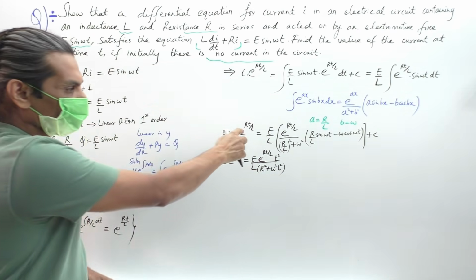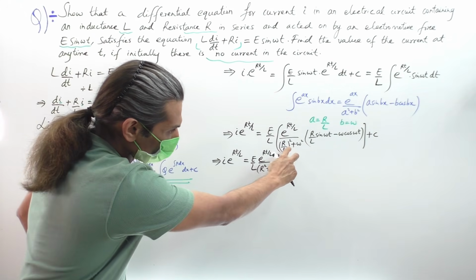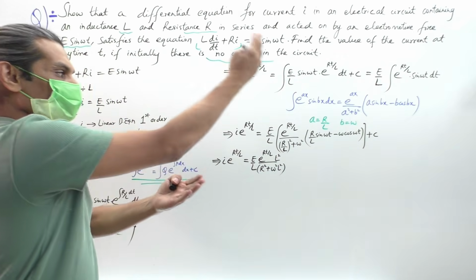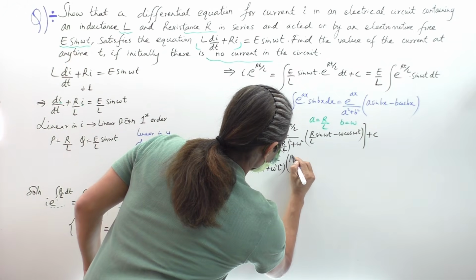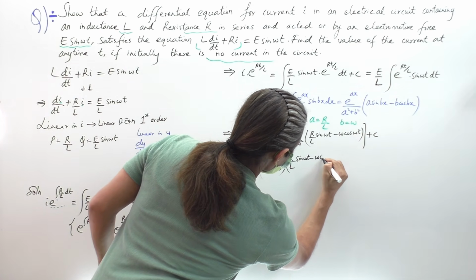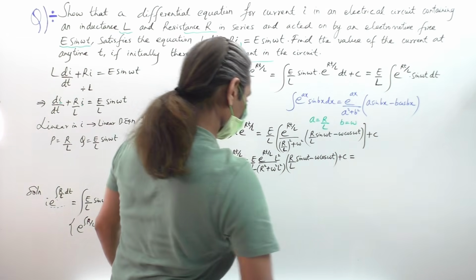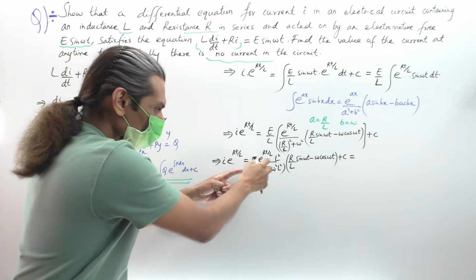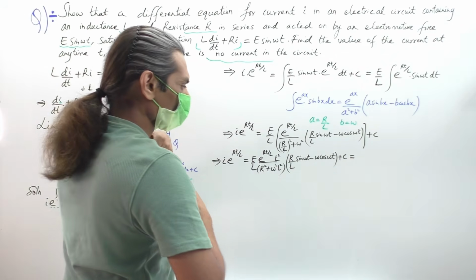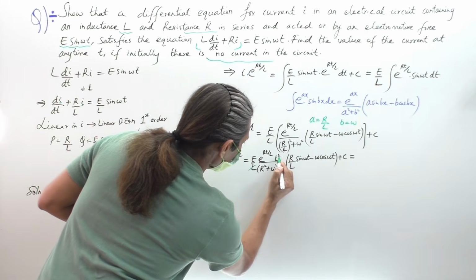Fine. E by L, right? e raised to rt by L as it is, upon r square plus L square omega square, and L square will go top, into r by L sine omega t minus omega cos omega t plus c, and that will be equal to, L L cancels. I am writing each thing step by step, so please watch carefully how I am doing it. Now L L again cancels here.